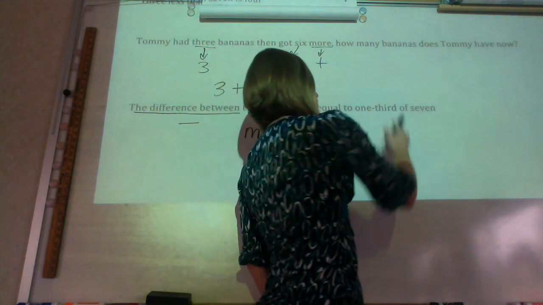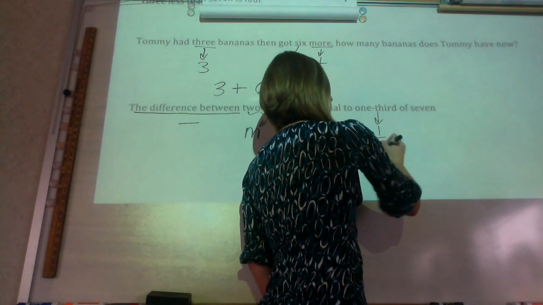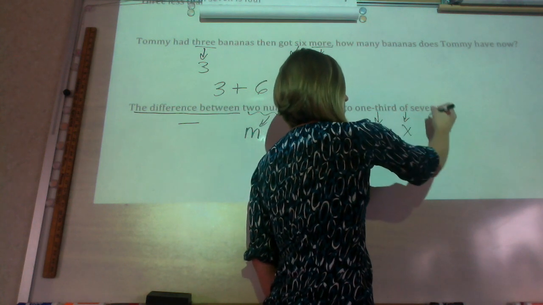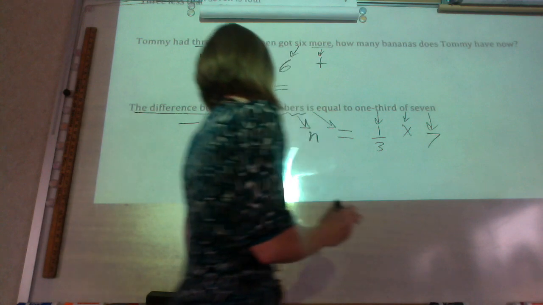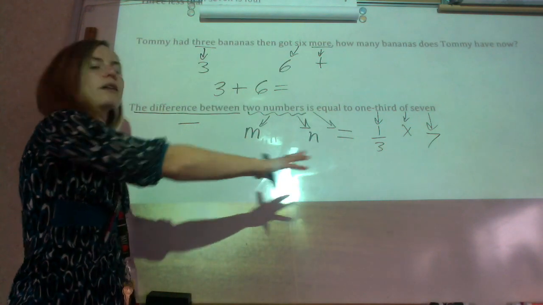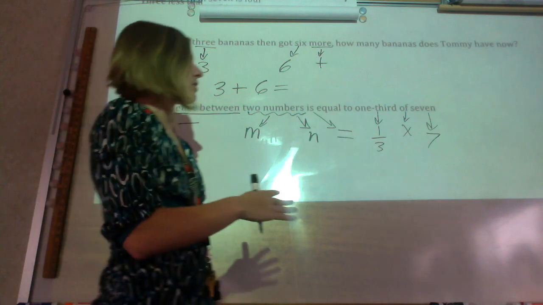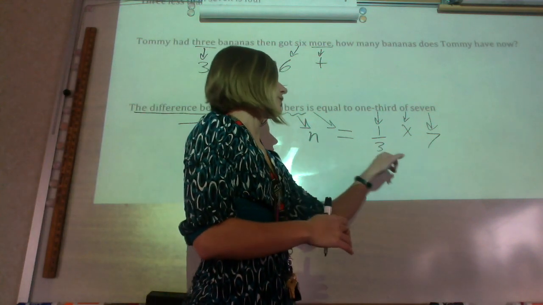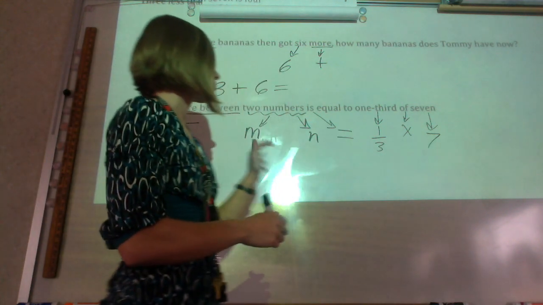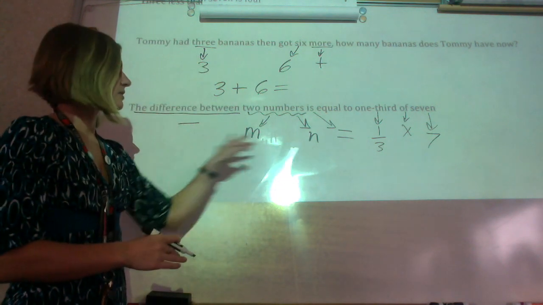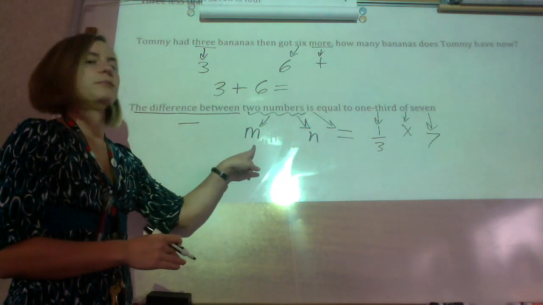1/3 of 7. So 1/3, of course, is a third. Of means times, and 7, of course, means 7. So we have kind of the workings of an equation here. I think this side's okay: we have 1/3 times 7 equals. We need to work out this side, though. The difference between 2 numbers.